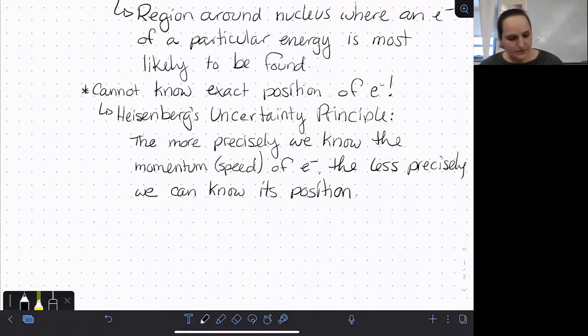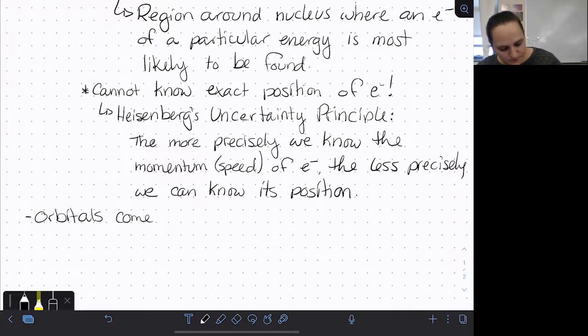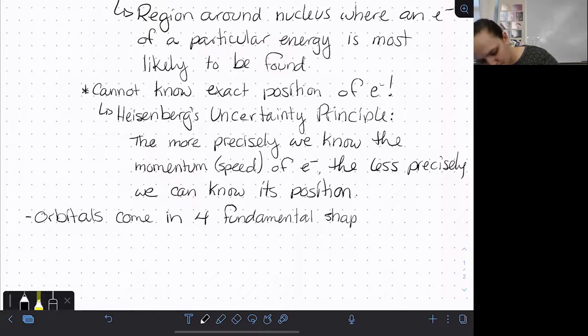Orbitals come in four main flavors, so to speak. Four main shapes is really the big difference between them. They are known as s, p, d, and f orbitals.